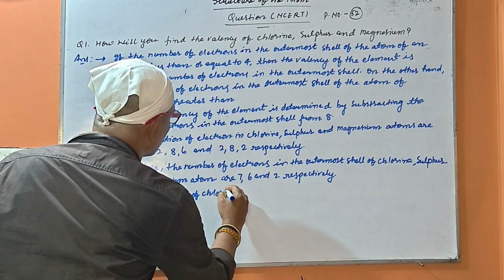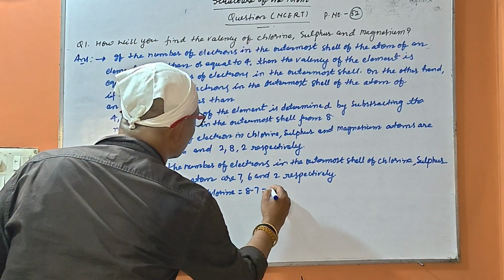Thus the valency of chlorine is 8 minus 7 is equal to 1.